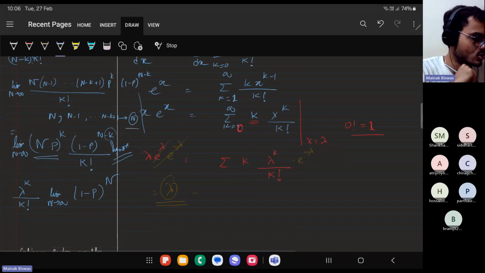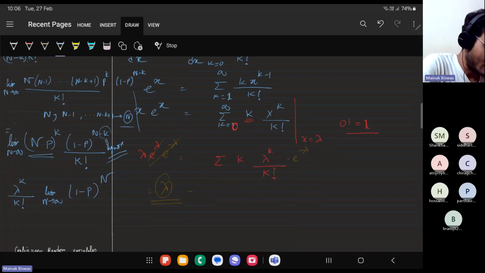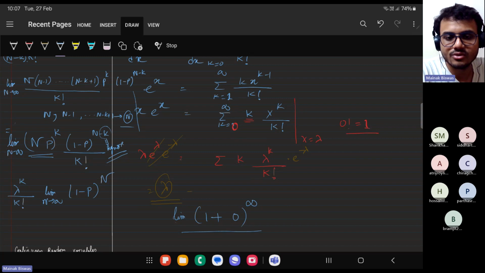Now, how to solve this? It is that form of your equation, 1 plus 0 to the power infinity form, right? You remember this form? You have to take log and then solve.